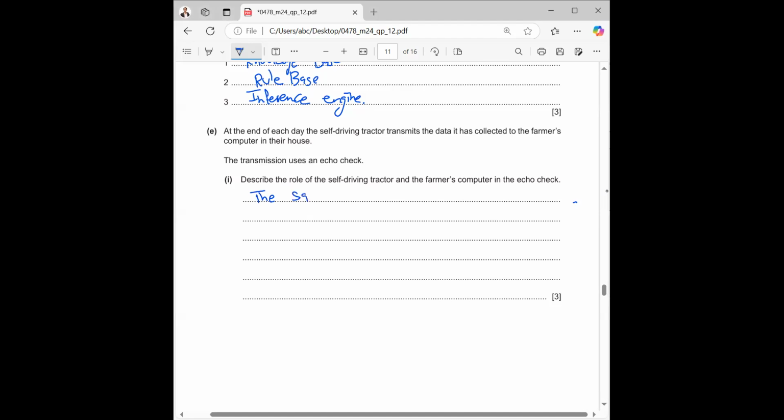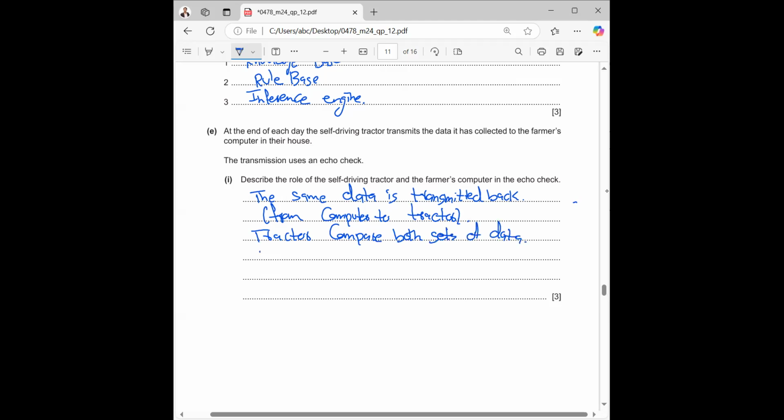So you can write in terms of the echo check that the same data is transmitted back from the computer to the tractor, and the tractor compares both sets of data.